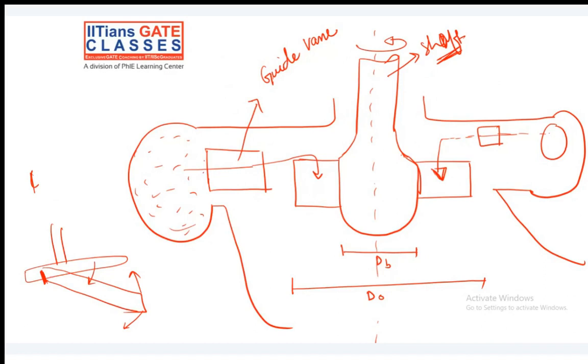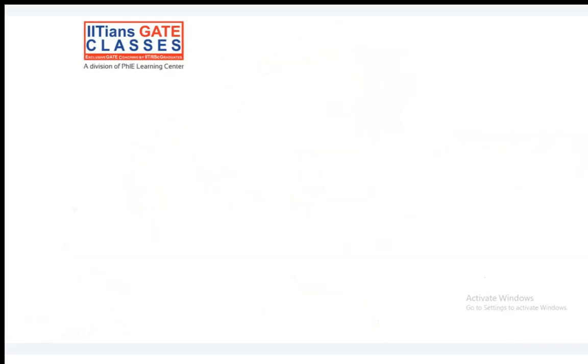So what will be the discharge here? The discharge Q, or area of flow directly. What is the area of flow?